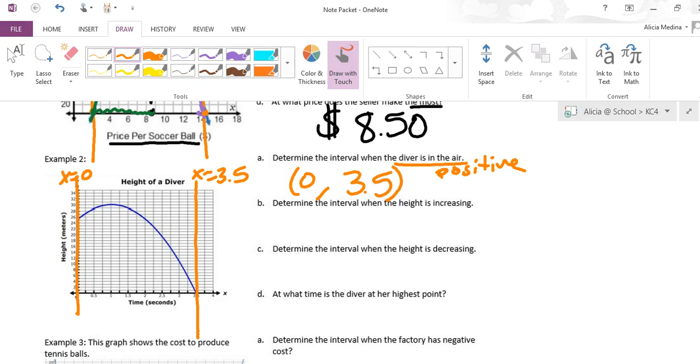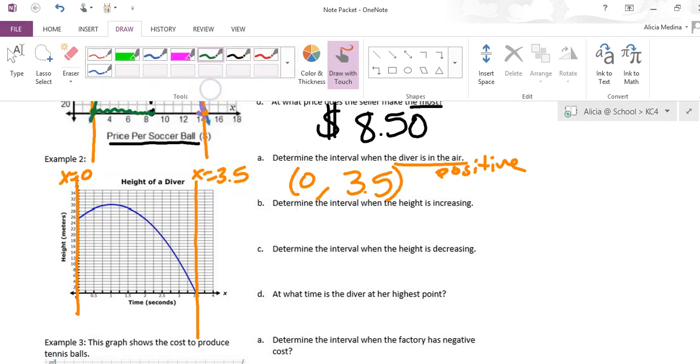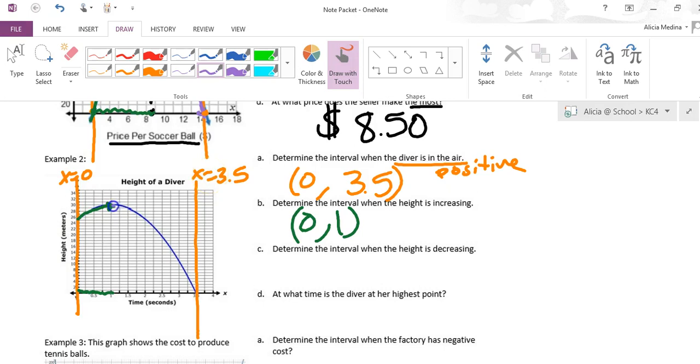Determine the interval where the height is increasing. Where is he going up? Starting at this value right here, until we get to this value right here, I have to use those x values. So this is going to be from 0 until 1. Our diver is increasing his height. Where is he decreasing? From that same value all the way now going down.